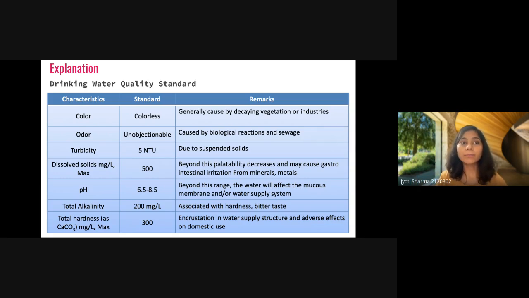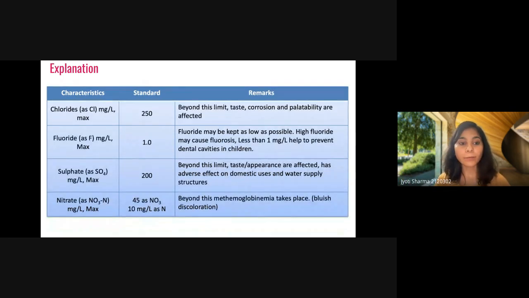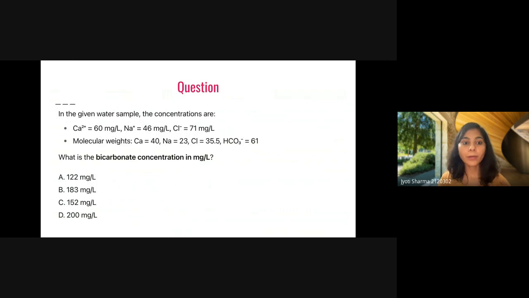Likewise, we have many standards so that our water, in the form of river, groundwater, or in our kitchen, should not have an objectionable concentration of a particular pollutant, right?